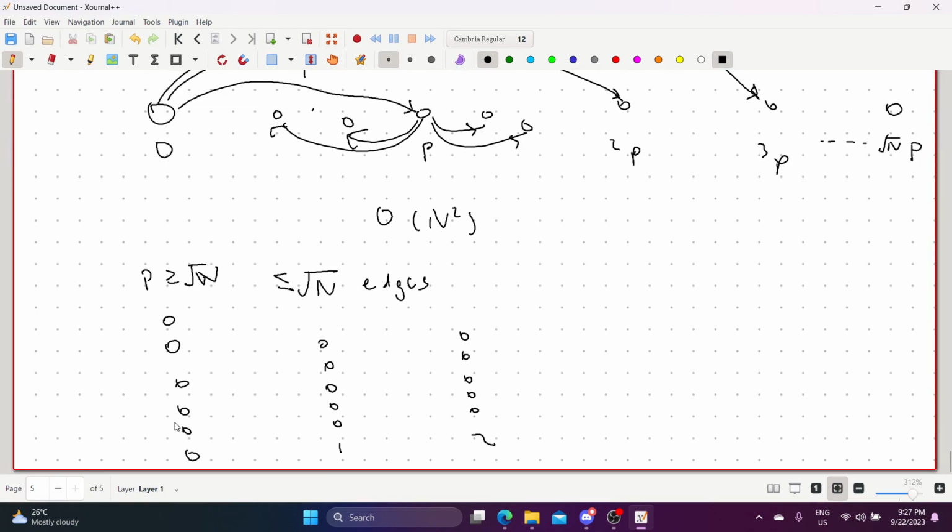So for example, this layer means that we currently don't have any power. So the only edges that we can use are those that are more than or equal to square root n. Now if you want to use something that is smaller than or equal to square root n, we need to go to its appropriate layer. Let's say we want to use something of power 2. Let's say Doge 0 has power 2.